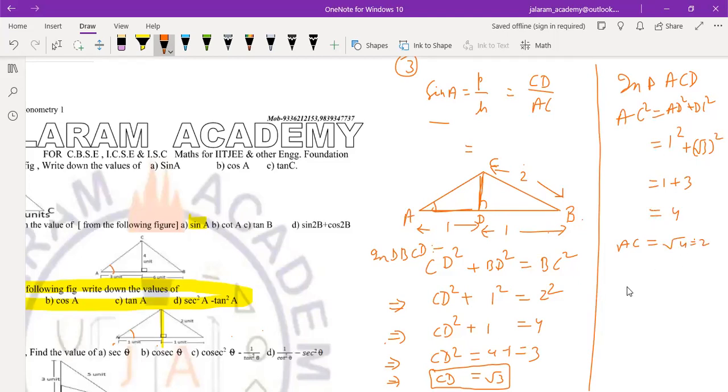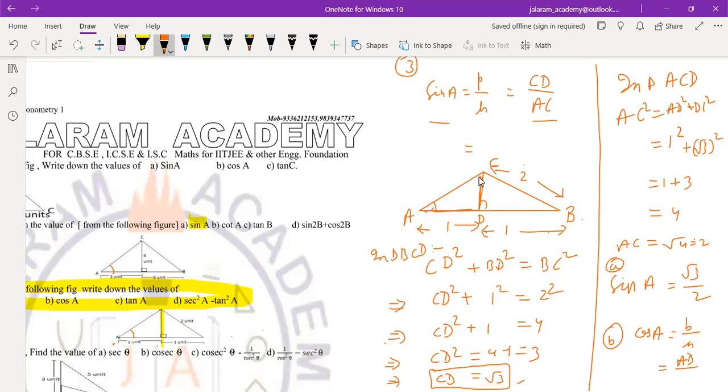So if AC is 2 units, now how to find cos A, sin A, etc. Sin A equals CD by AC. CD is root 3, AC is 2. So sin A is root 3 by 2. Part B, cos A. How will you find cos A? Cos A is base upon hypotenuse.